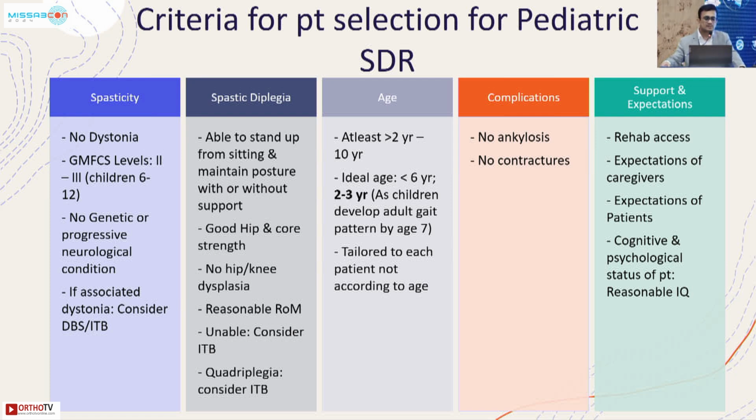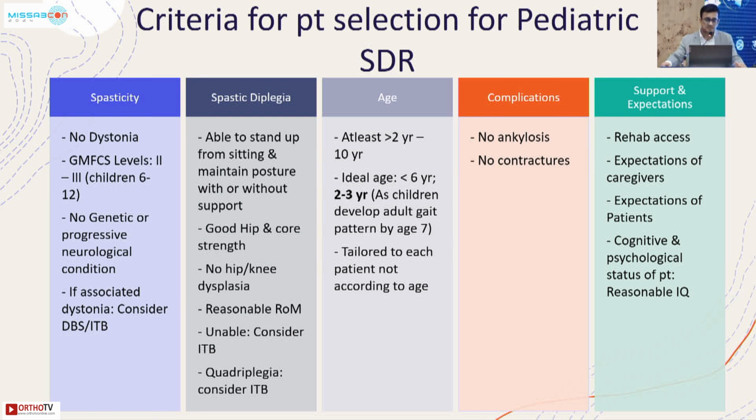Apart from that, in patients with spastic diplegia, there should be enough power and integrity of the hip joint and muscles, so that the patient is able to maintain an upright posture with good hip and core strength. It is a must-have prerequisite before deciding on selective dorsal rhizotomy, because it is an irreversible procedure.